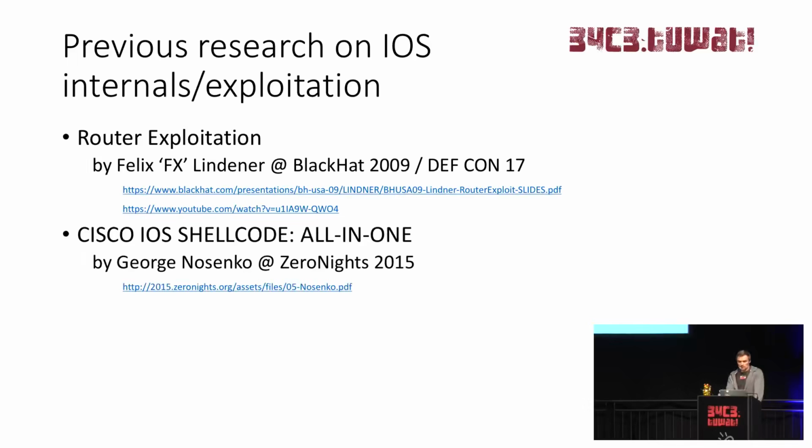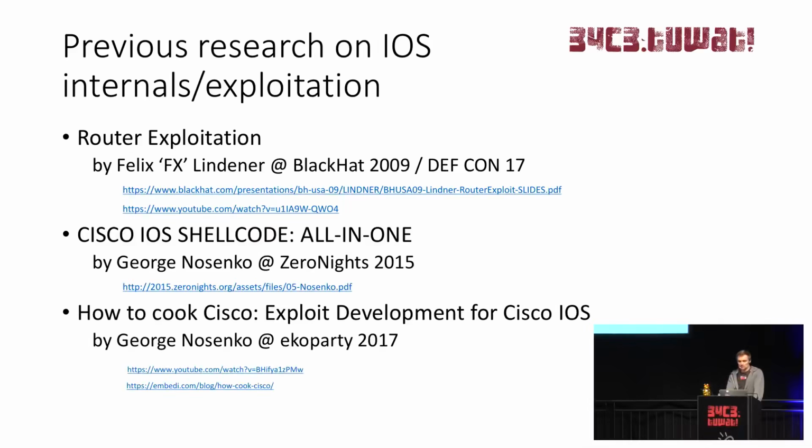For example, Router Exploitation by Felix FX Lindner and Cisco IOS Shellcode by George Nosenko are a great resource for IOS internals, a great reference to how IOS works in terms of exploitation. And the third resource, How to Cook Cisco, has great info on exploiting PowerPC based Cisco switches, and also on bypassing common mechanisms and exploit prevention in IOS.